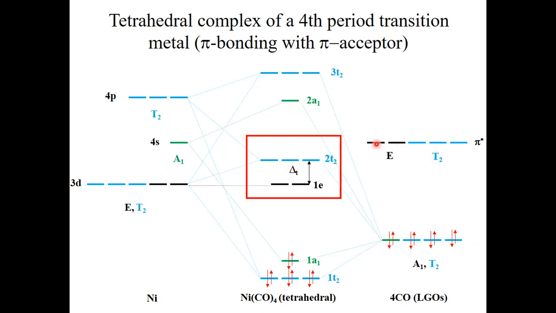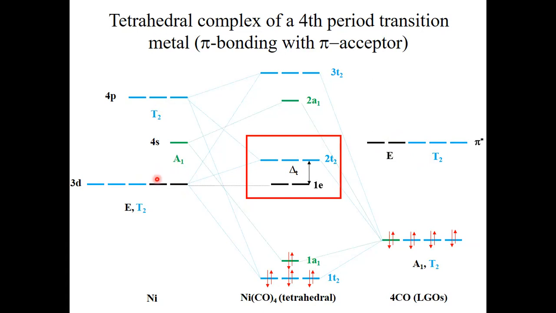So we can, for instance, start out with the E. These E orbitals would interact with these E orbitals here. So we would expect a bonding pair of molecular orbitals and an antibonding pair of molecular orbitals.